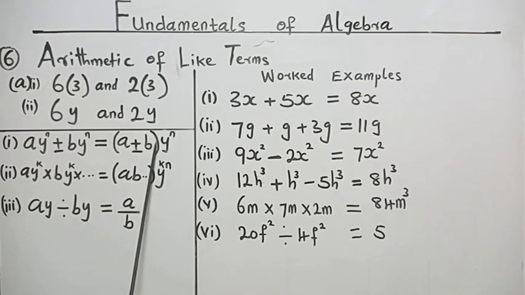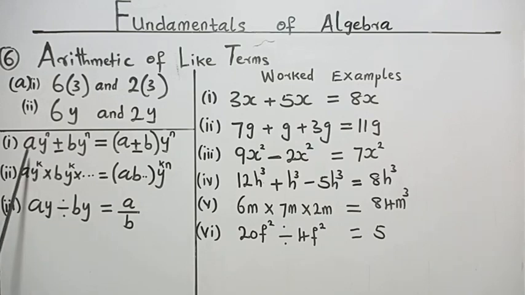And then the variable stands juxtaposed. The answer becomes 8x to the power 1, which is 8x. Number 2 says 7g plus g plus 3g. This one exemplifies addition of like terms which are more than 2 in number.